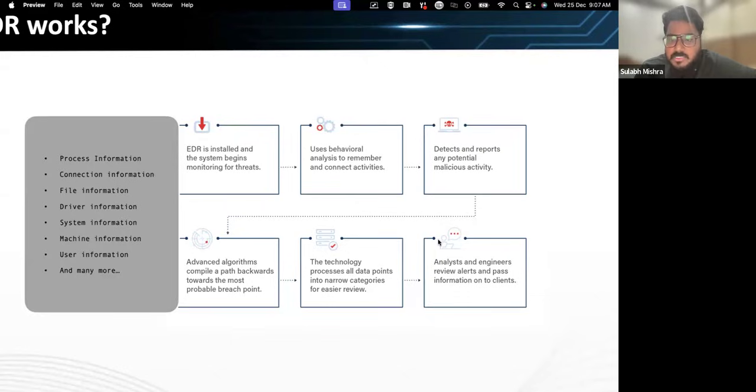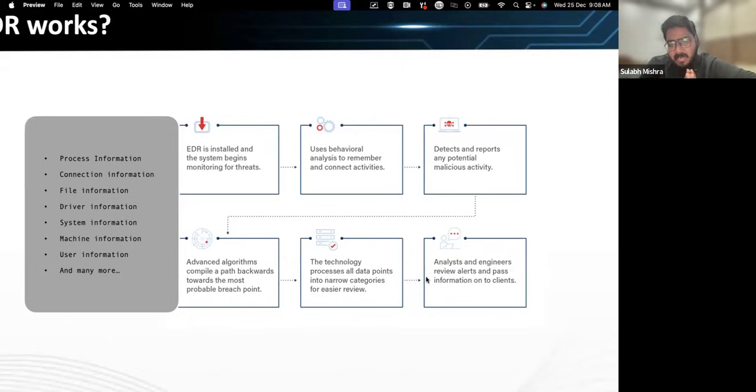Once everything is processed, an alert is generated, and that's where you will actually work on the alert. Let me repeat this again. As soon as you install an EDR on the machine, it will start collecting all the pieces of information that we just listed out here. As soon as it collects the information, it will use abnormal behavior, behavioral based analysis, and signature based analysis.